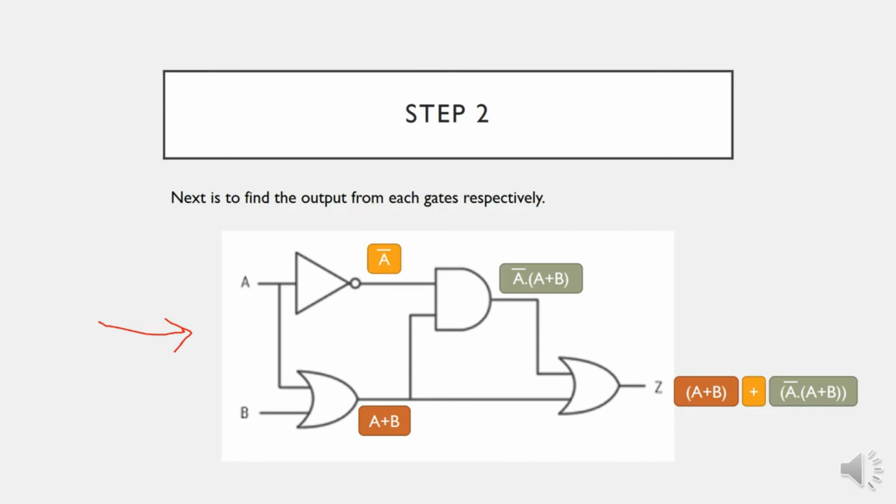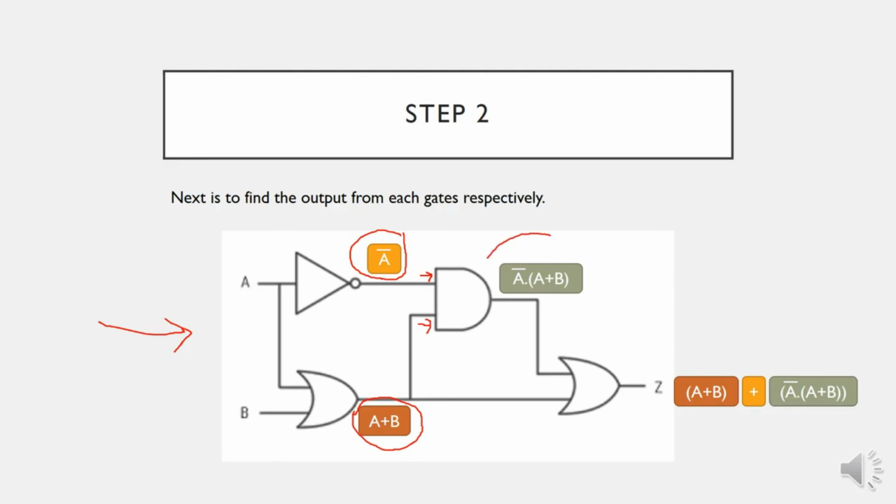Input A goes through an inverter, or NOT gate, and the output is A bar, which is the inverse of A. Then we have OR gates with inputs A and B, so we have the output A OR B. Both A bar and A OR B will be the inputs to this AND gate.